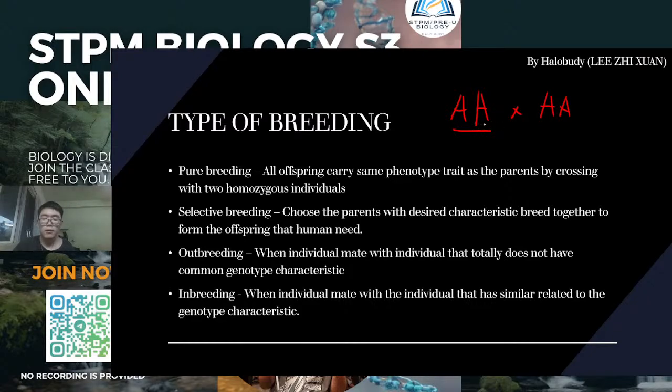It can be the parents or another type of organism. It is not limited to parents only, but normally we use parents because it is easier compared to other organisms. But we can use other organisms that have similar characteristics to the original organism, then they breed together to produce the offspring. Okay, next is selective breeding.